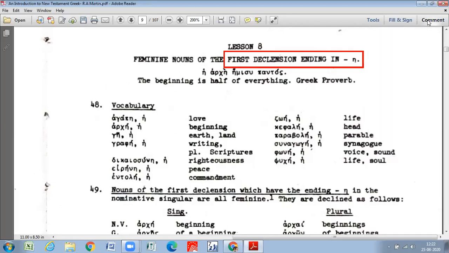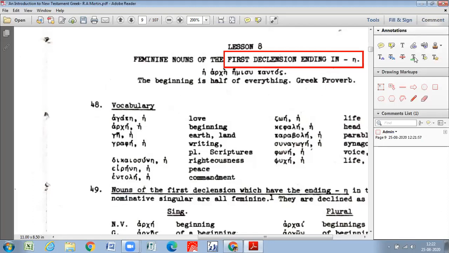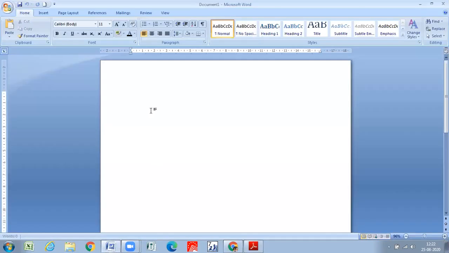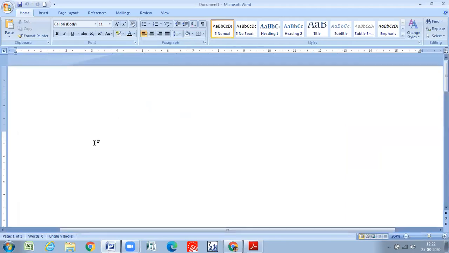Now let me take you again to the endings of your first declension and second declension. Let me refresh your memory so that you will remember what is first declension and second declension.